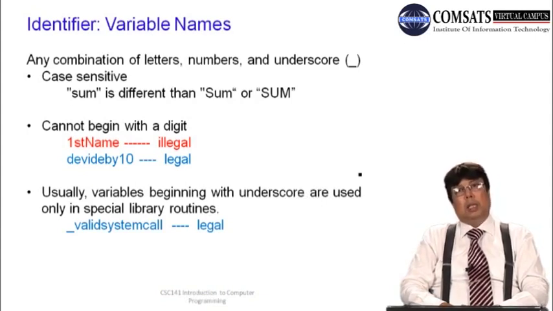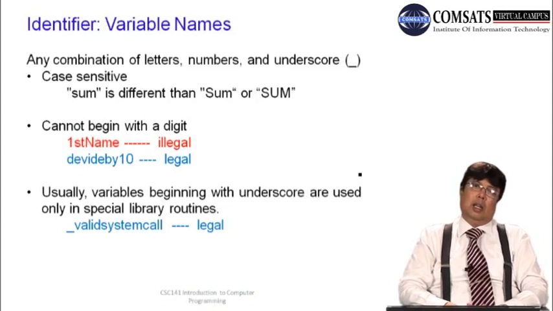So अगर आप लिखते हैं sum with lower case, it is a different variable name from Sum where S is written in the upper case. Similarly, if you use all three characters in uppercase, SUM, it will be another variable name. So sum, Sum, and SUM will be considered as three different variable names or three different identifiers in C language.